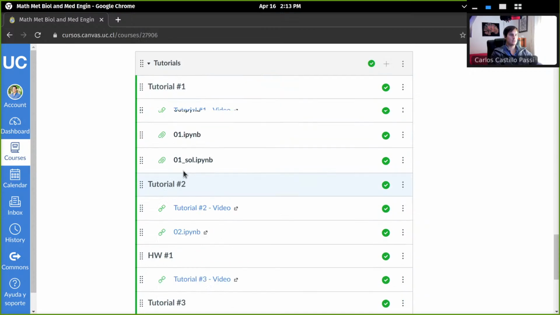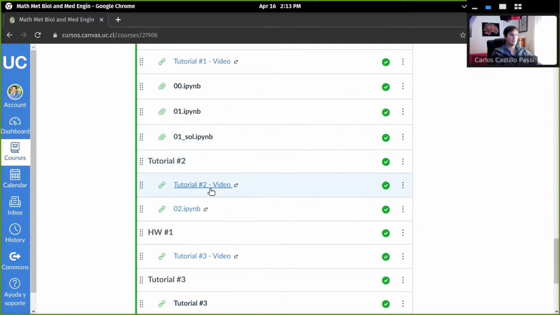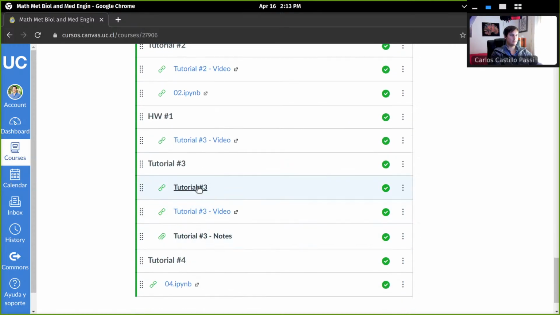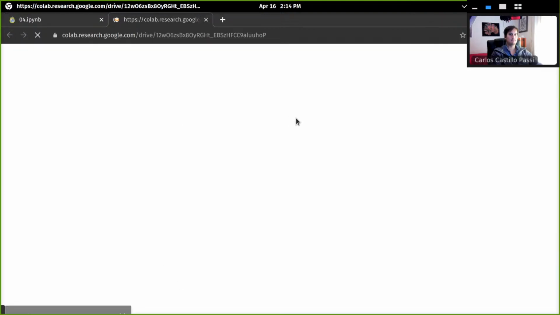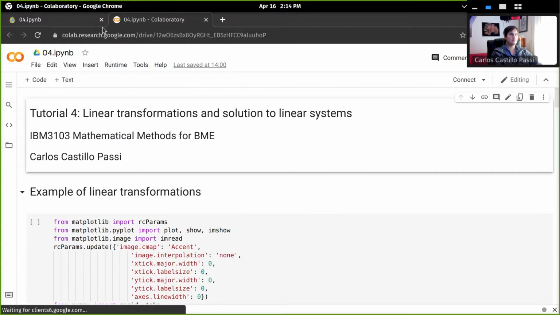Tutorial 1 has the code here, tutorial 2 here, this is tutorial 3, and tutorial 4 is here. By pressing this link, you'll go to Google Colab, and you can start messing with the code here.